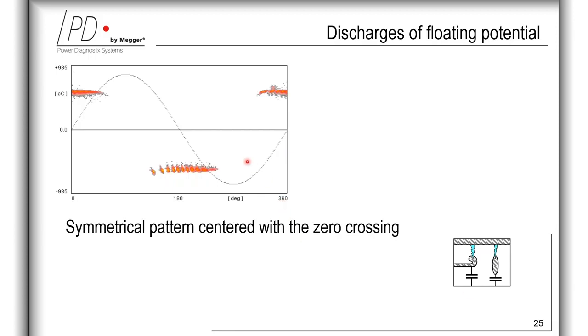This pattern shows a floating potential, and this is a metallic element in the electric field with typically a small gap to high voltage or ground potential. Here, as soon as the critical field is reached, the electron avalanche can start and a row of pulses of even amplitude is generated.